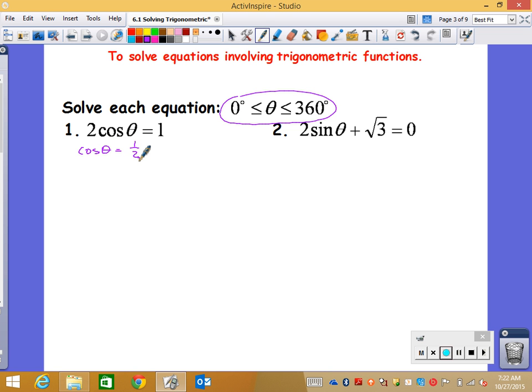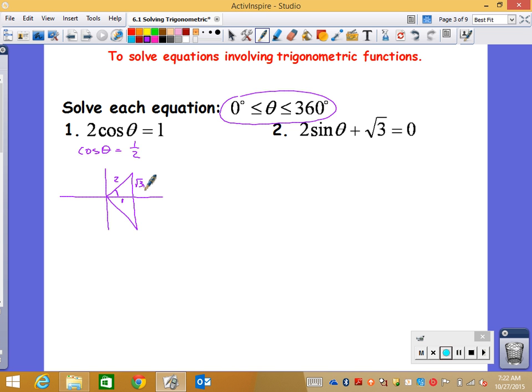Well, we can think back to my quadrants here. Where is cosine positive? 1 and 4. Using all students take calculus. So let's talk about quadrant 1 here. Well, I know cosine is adjacent over hypotenuse, so my x is a 1, my hypotenuse is a 2, which means square root 3.